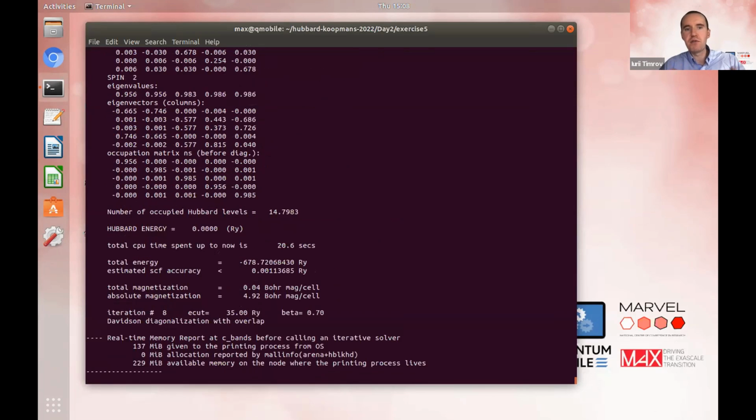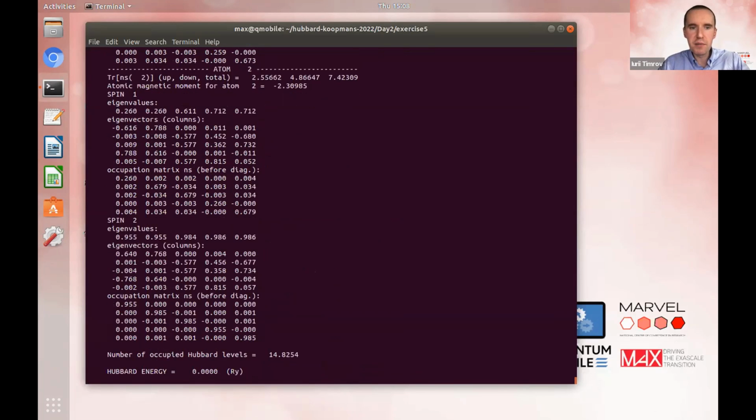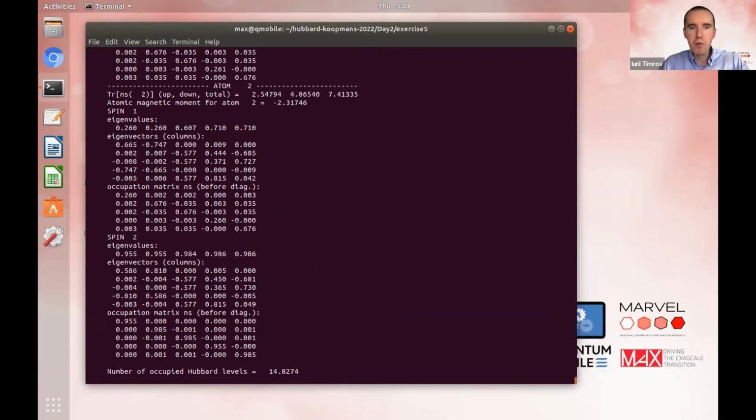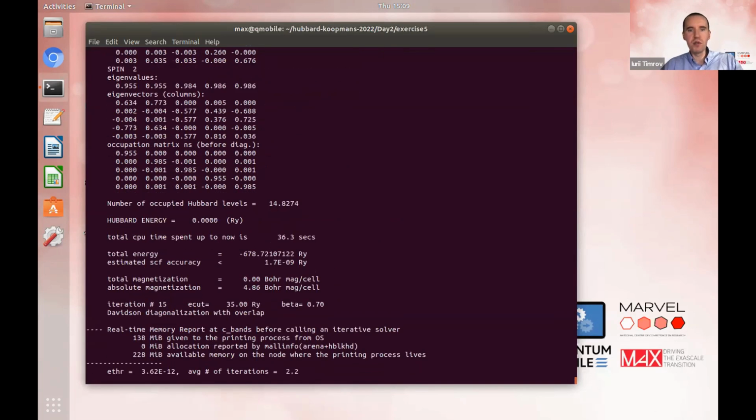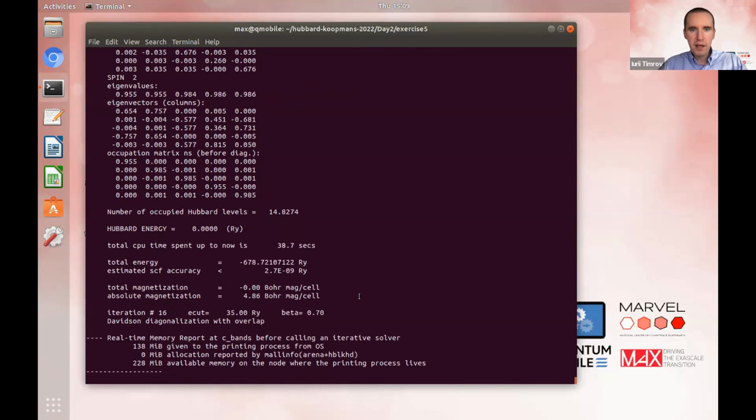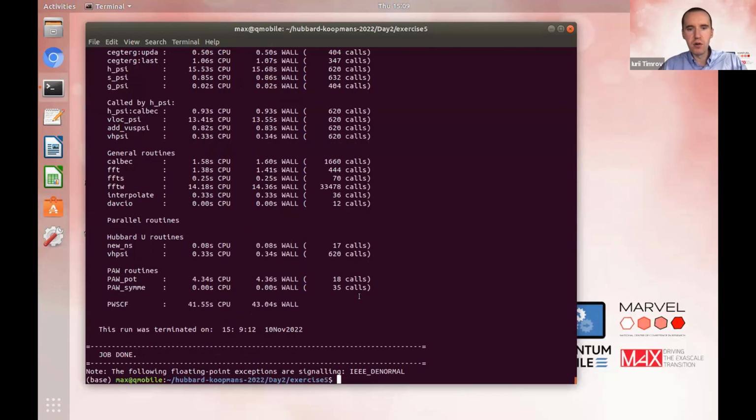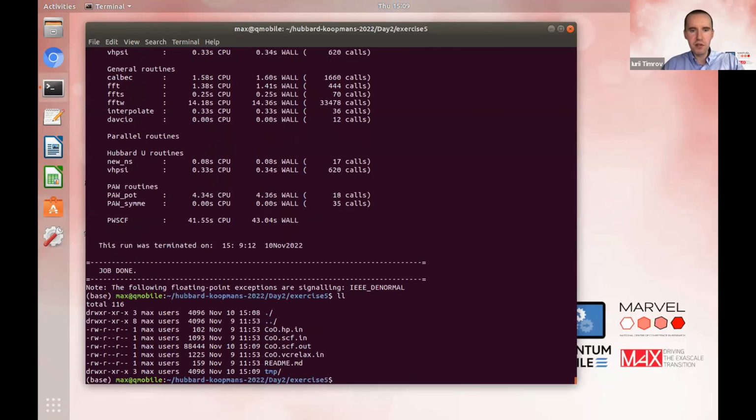Of course, this factor of 20 is a bit rough because it depends on your system, on how many symmetries there are in your system, which Q-point grid you use, et cetera. But it's really way more computationally expensive than the ground state calculation. You will see in a moment. And we don't have time to wait until this calculation is finished. So now let's submit it.